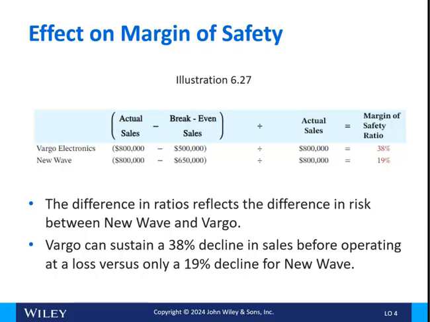Vargo can sustain a 38% decline in sales before operating at a loss versus only 19% decline for New Wave. So the higher the safety margin ratio, the safer we are, the lower we are, the more risky we are. So we're using that percentage to compare two different companies.